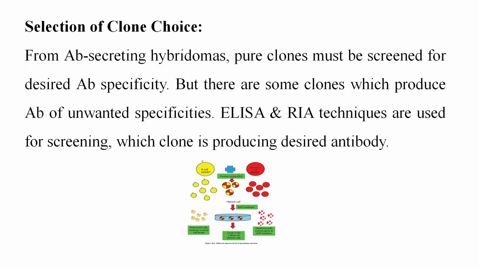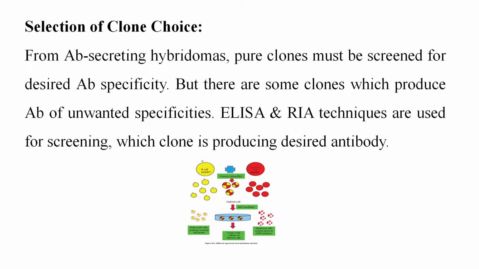From antibody secreting hybridomas, the first thing, pure clones must be screened for the desired antibody specificity. Whatever antibody specificity we are aiming for, that specificity should be present in the antibodies being secreted by these hybridoma cells. That is what we call clonal choice.